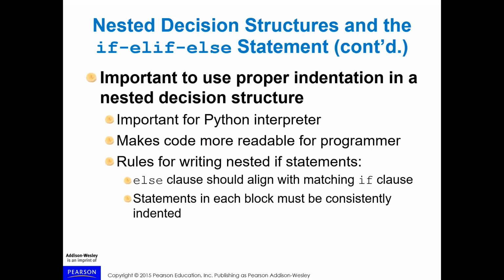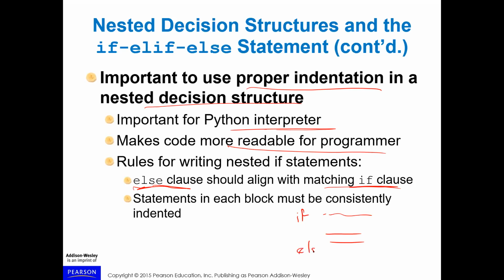One important thing: it's important to use proper indentation in a nested decision structure. Important for the Python interpreter and for your sanity, because otherwise, as I said, it's very hard to debug those types of errors. You want to make your code as readable as possible. Make sure the else clause aligns with the if clause.